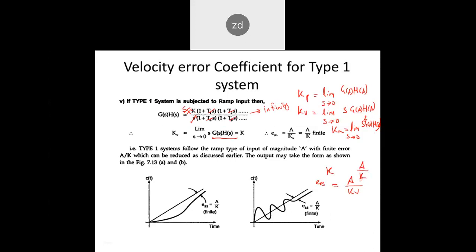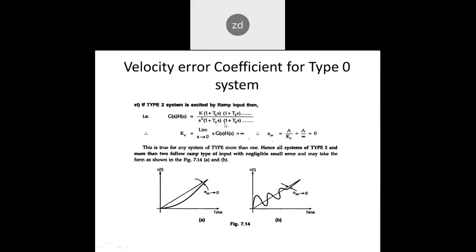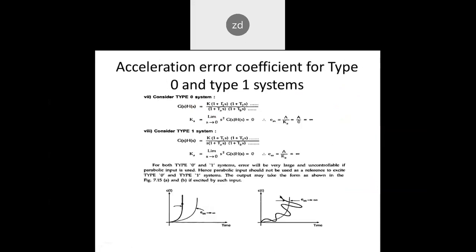Now similarly for a type 2 system, the power would be s square, so again the power of s is coming here, and Kv would be equal to infinity, so A by infinity. So velocity error would be 0 for a type 2 system.